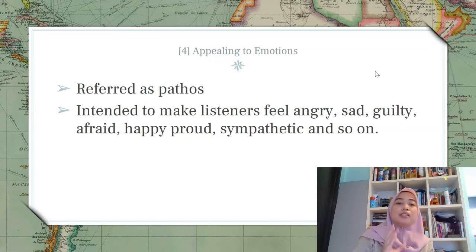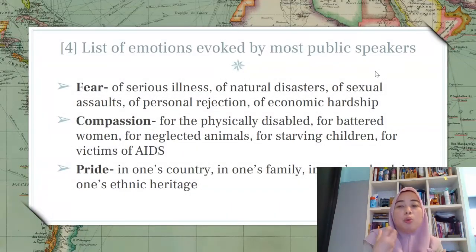Next we have appeal to emotions. So appeal to emotion, emotion is pathos. Pathos is when you can have people feel angry, sad, a lot of mixed feelings, guilty, afraid, sympathetic, proud, all of those things. So as a speaker, you want people to be involved in your speech.